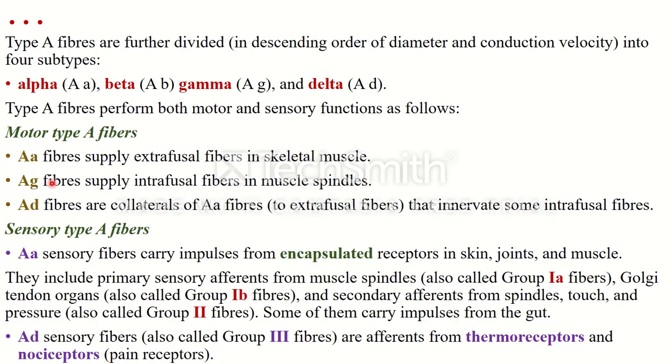All A types are fast, but from above toward below, I mean, A alpha is faster than A beta, A beta is faster than A gamma, and A gamma is faster than A delta. But A delta is still faster than B-type neurons.